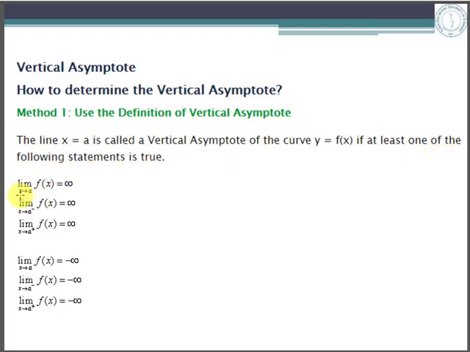We define our asymptotes by limits: the limit as x tends to a of f(x) is infinity, or the one-sided limits are equal to infinity, or similarly they are equal to minus infinity. If at least one of these statements is satisfied, we call the line x = a a vertical asymptote.